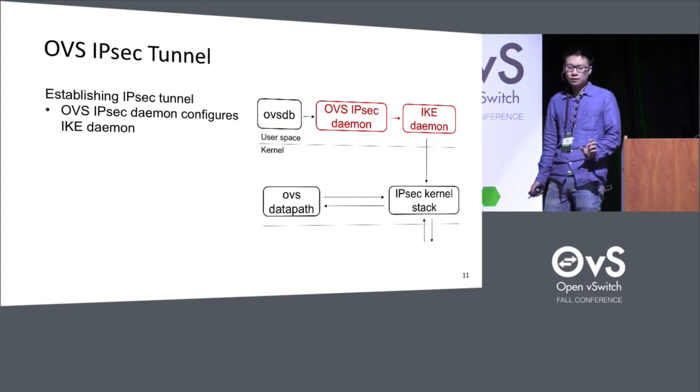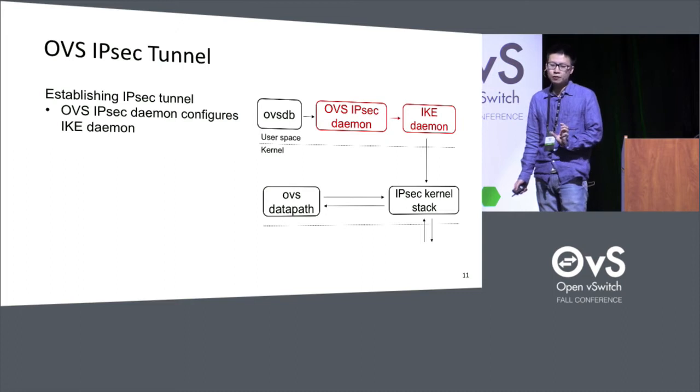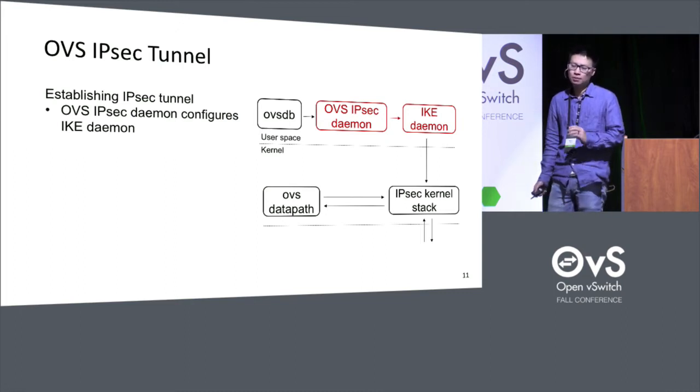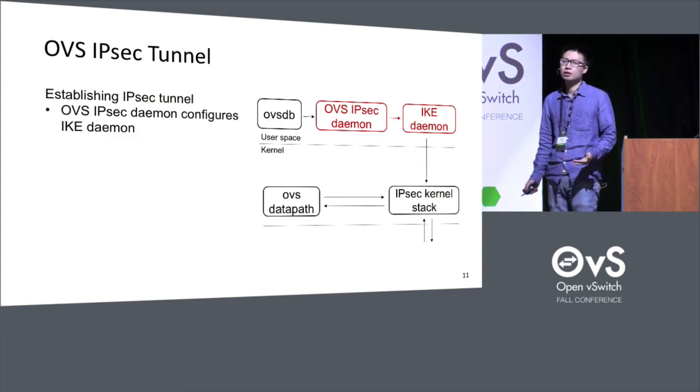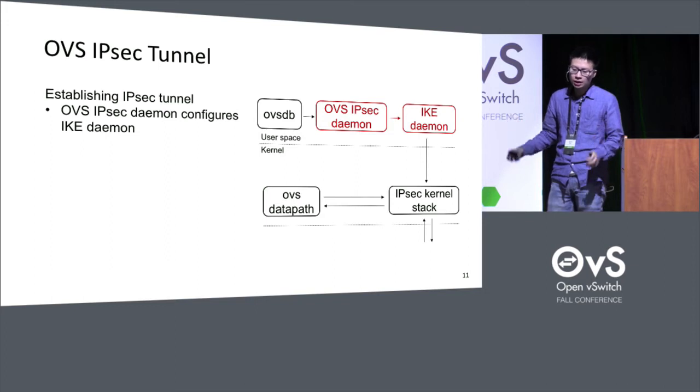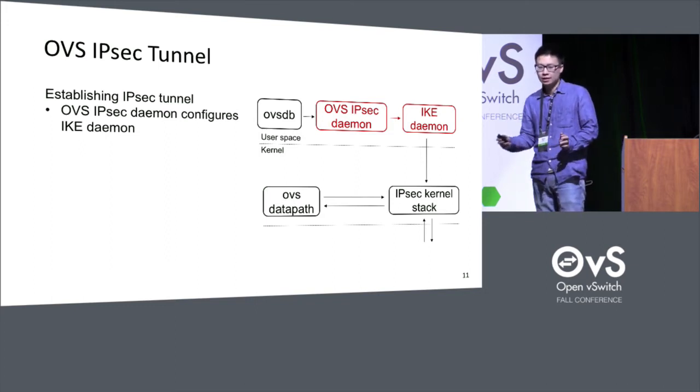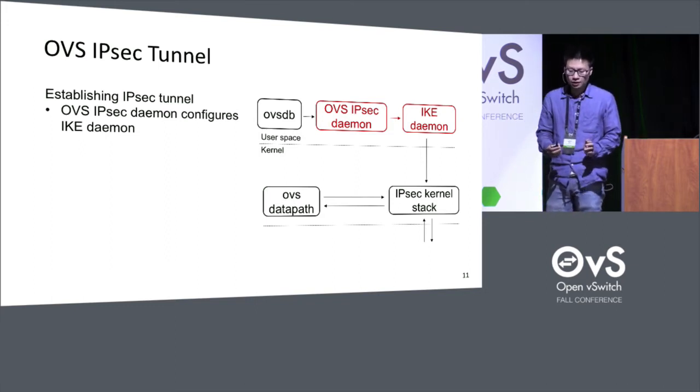So the user does configuration in the OVS-DB, and the OVS-IPSEC daemon monitors the OVS-DB. If it finds that some tunnel is configured to be an IPSEC tunnel, then it does the translation.